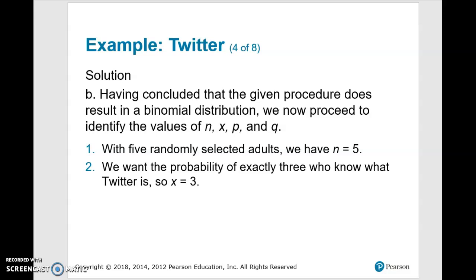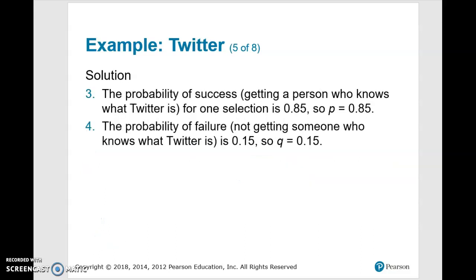So, since we do have a probability distribution, let's label what our variables are. We have 5 randomly selected adults, so therefore our n equals 5. We want the probability to be exactly 3, so we would say x equals 3. The probability of success, or a person knowing what Twitter is, P of S, is 0.85.